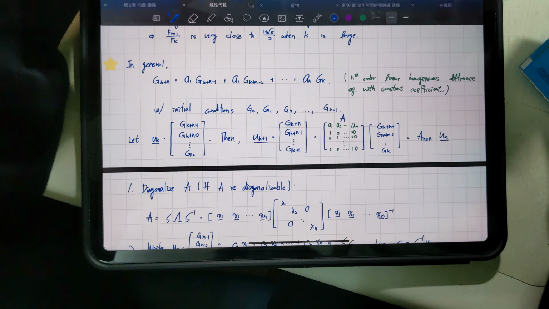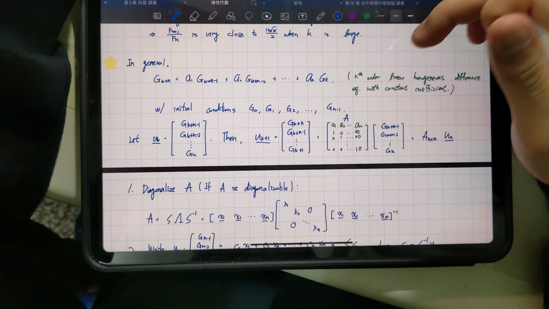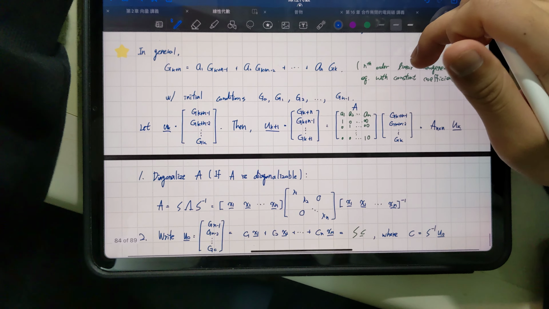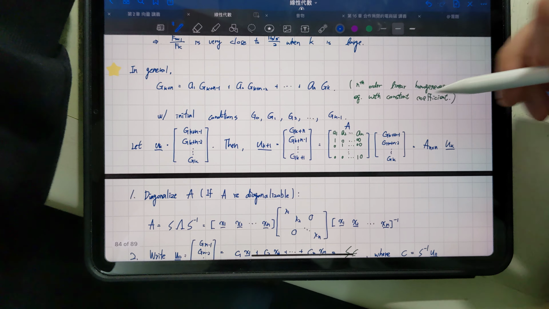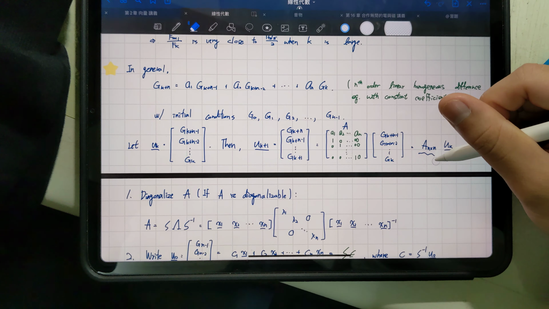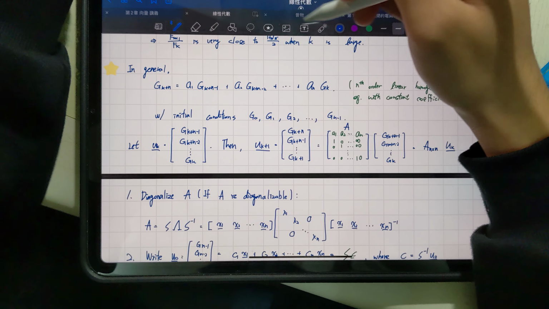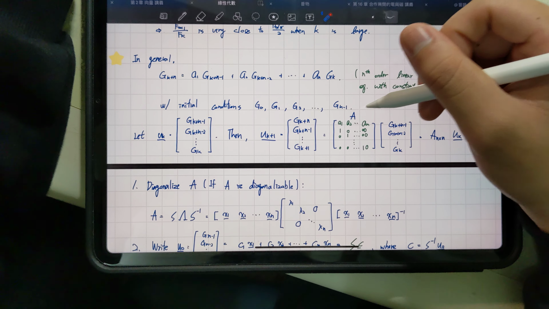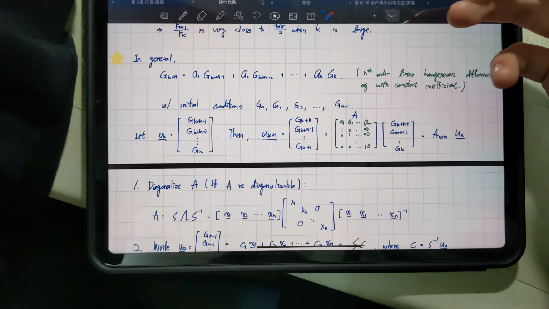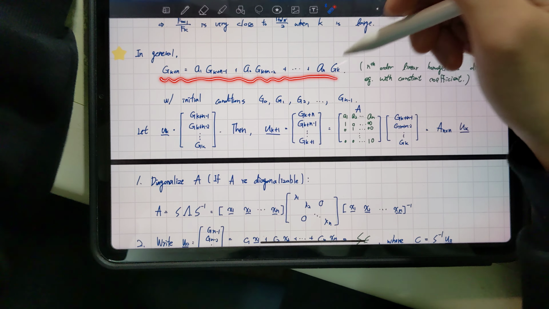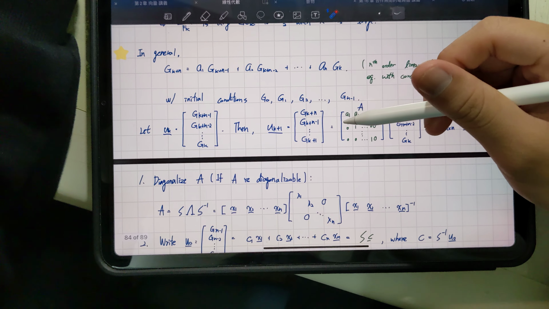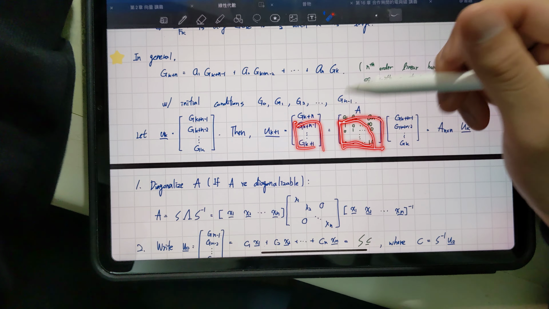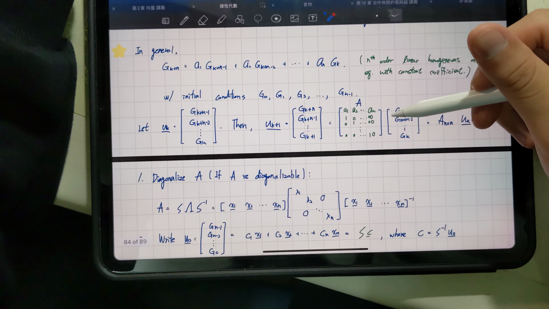The relationship between u_{k+1} and u_k can be represented by a matrix multiplication: u_{k+1} equals a matrix A times u_k. The first row of A is a1, a2 to an, from the definition in this equation, and the rest is an identity matrix, because the remaining terms are the same as in u_k.